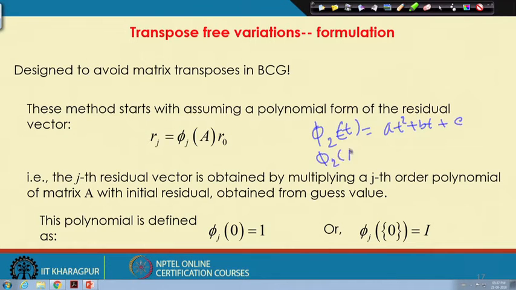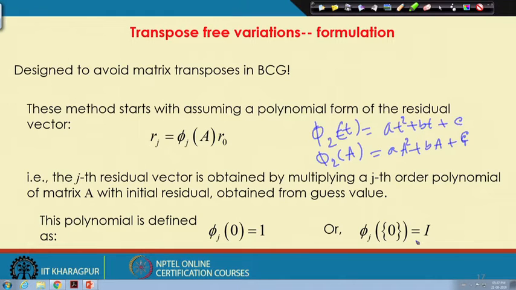So, phi 2 of the matrix A will be a A square, which is A into A, plus b A, plus some matrix C. Here it is a scalar c, here it will be a matrix C. Also, phi 0 is a scalar 1, but if I put a zero matrix instead, the polynomial will give us an identity matrix.